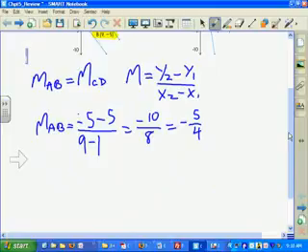Okay, so let's just write this down for a second here. So m CD equals negative 5 over 4. Okay, so where should I go from there?